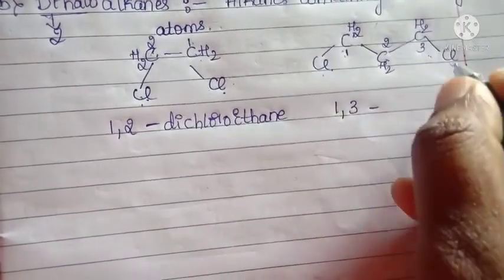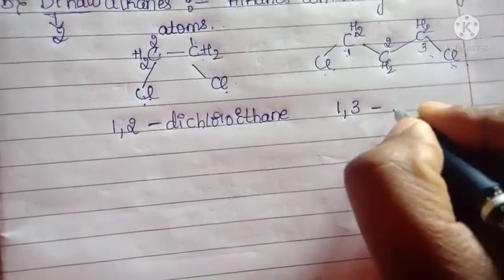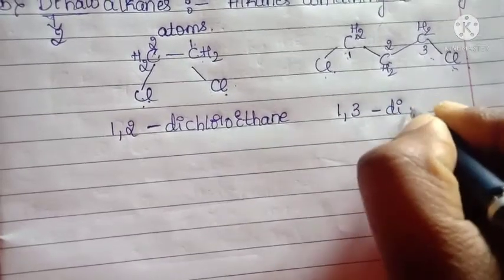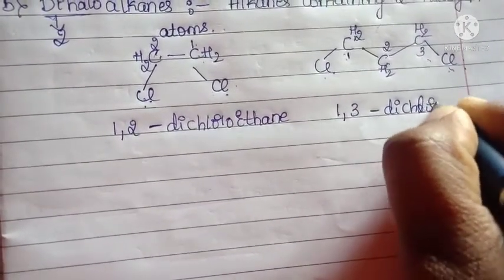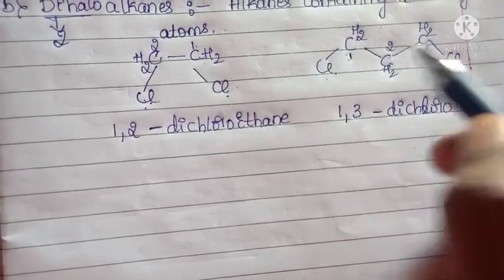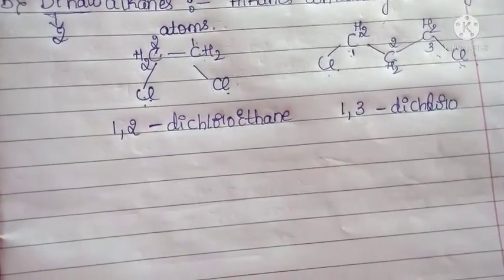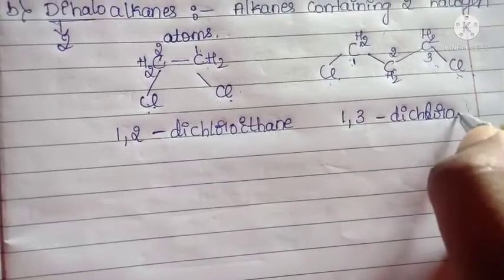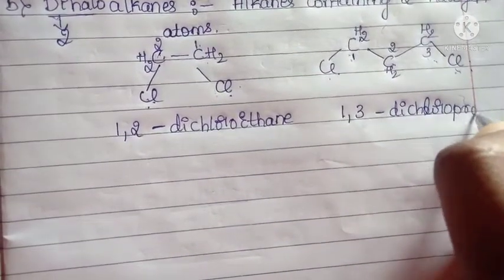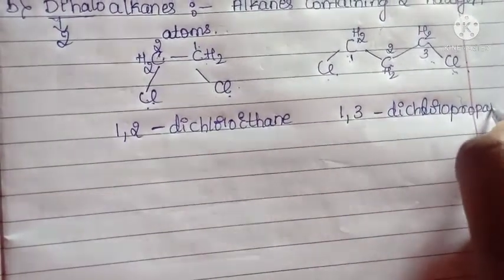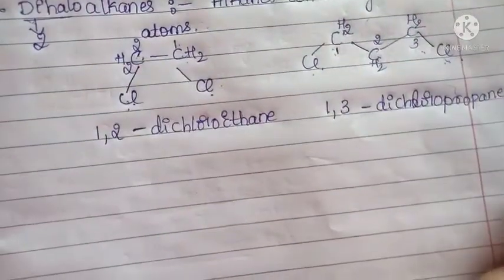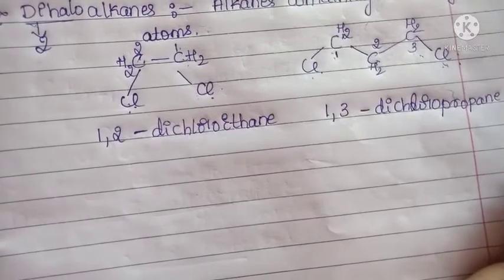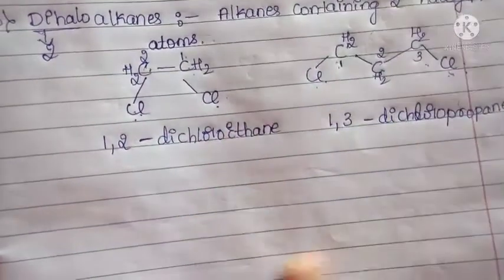How many chlorine atoms are present? 2. So it is di. Halogen atom is chloro. Which alkane is present? 1, 2, 3. 3 means propane. Dichloropropane. Okay. This is all about the dihaloalkanes. 2 halogen atoms are attached to the carbon atoms.